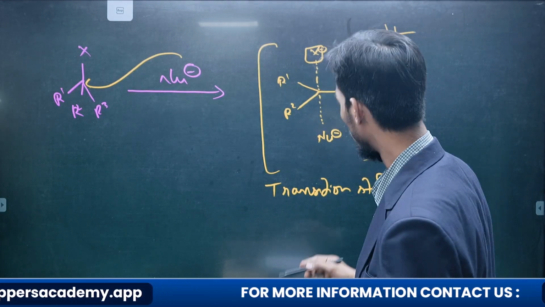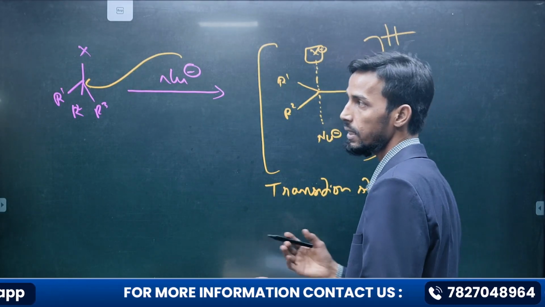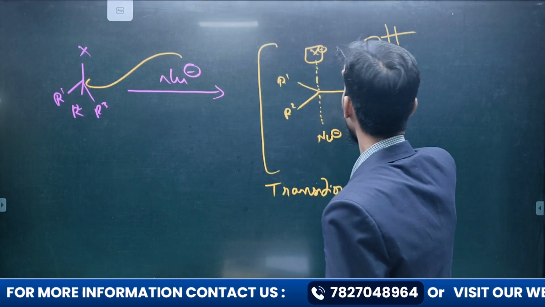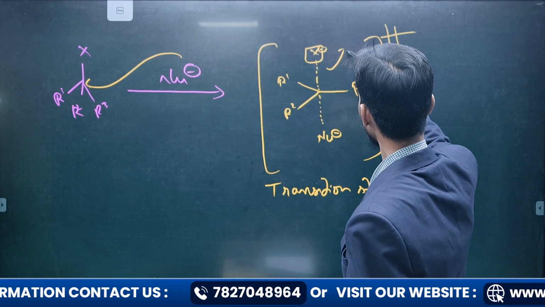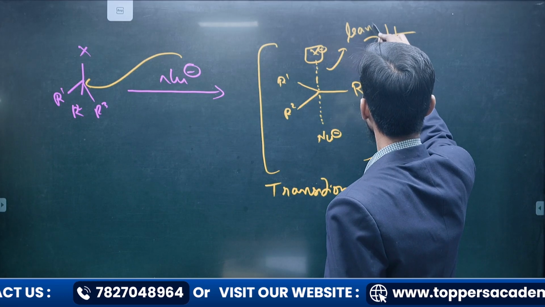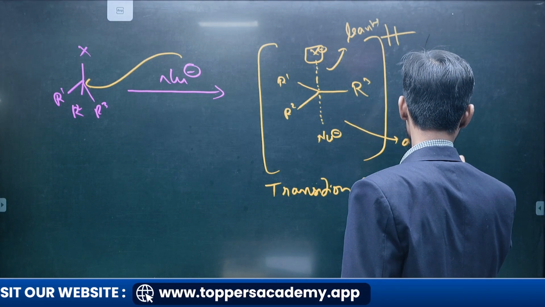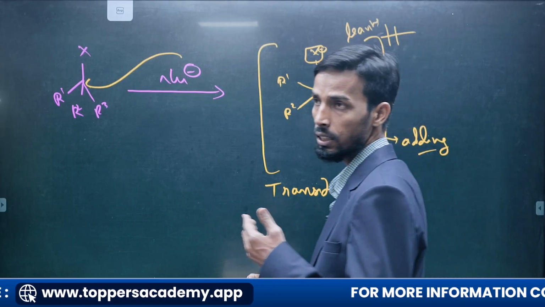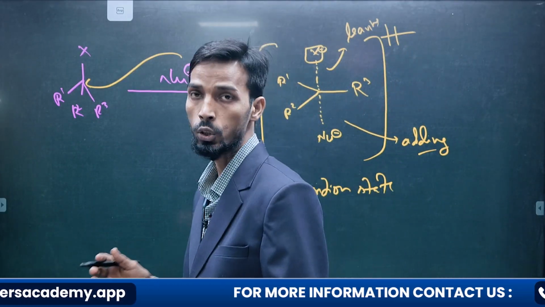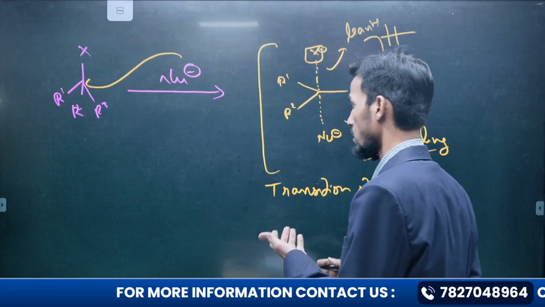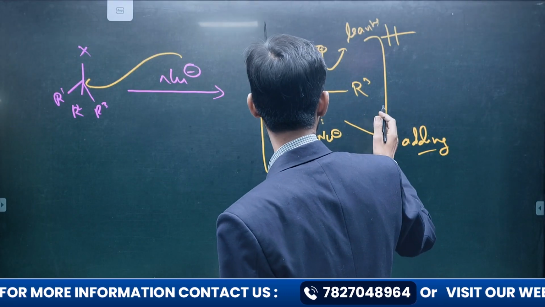And afterward, this whole process takes place simultaneously, which means this X is leaving and this nucleophile is adding up. The addition of the nucleophile and the removal of X take place at the same time, and this is the transition state.